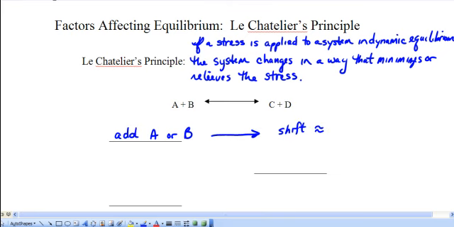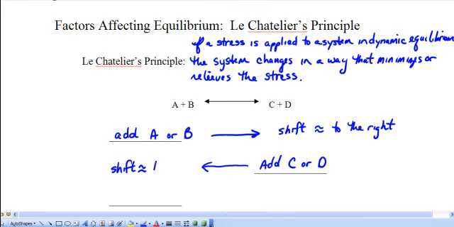That's what my little symbol for equilibrium, the two little squiggle lines there. It's going to shift equilibrium to the right to minimize the addition. On the flip side of that, you could add C or D. If you add C or D, it's got to remove those by reacting them to form A and B and shift equilibrium to the left. So if you add anything, the reaction is going to move away from it.